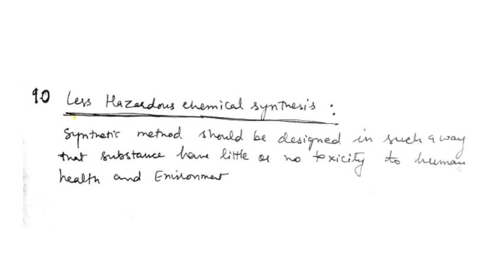The next principle is less hazardous chemical synthesis. The synthesis method should be designed in such a way that the substances have little or no toxicity to human health and the environment. So we should go for synthesis which produces less or no toxic products.